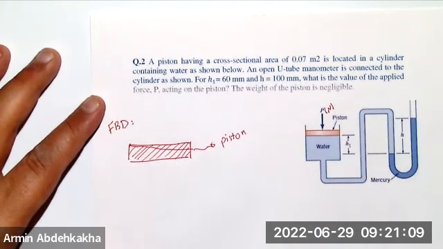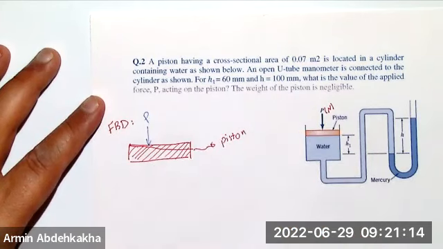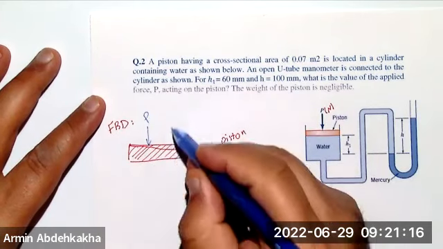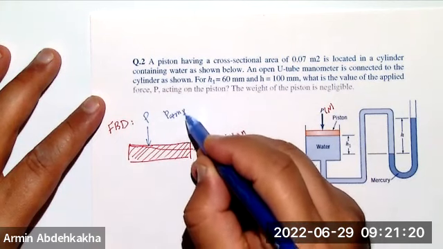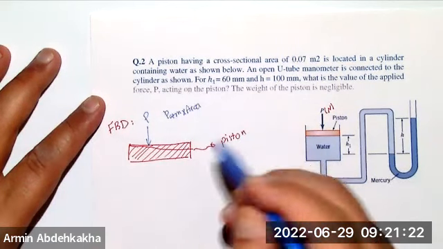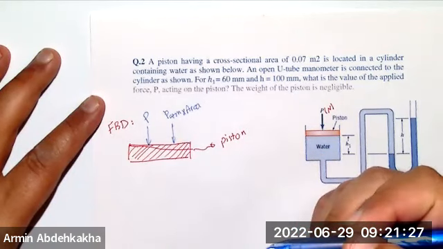So what forces do you have? First, you have the force P additional on top. And also you have P atmosphere here, which, if you multiply by the area, you will have this force as well, right?